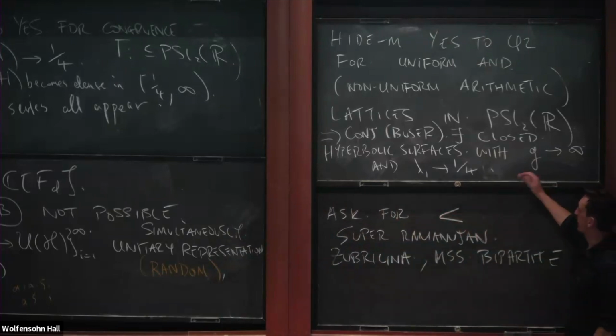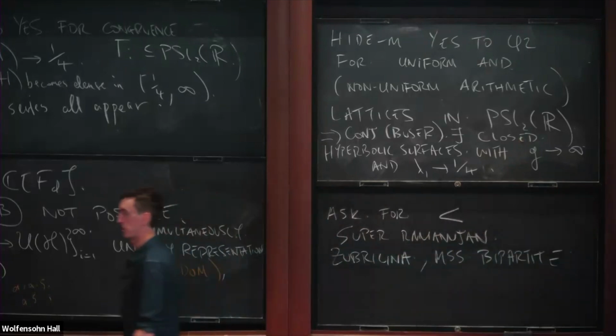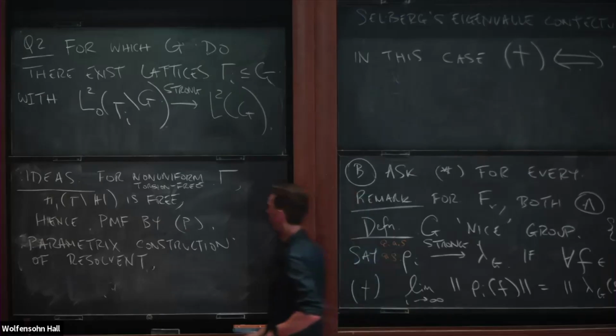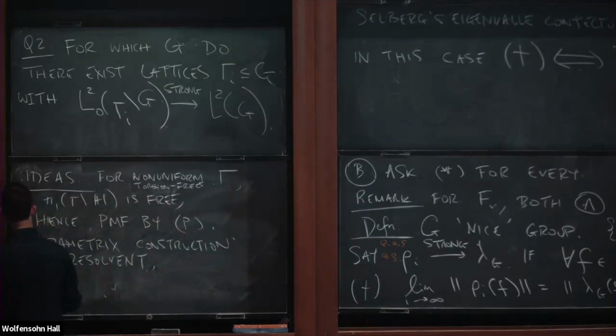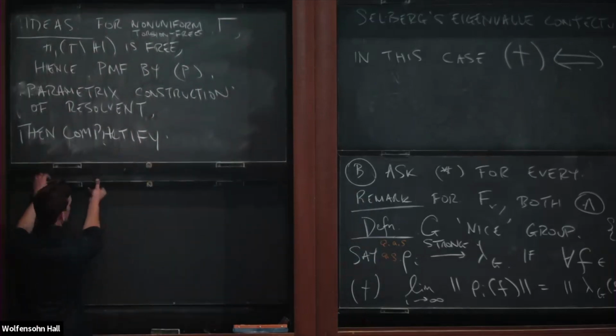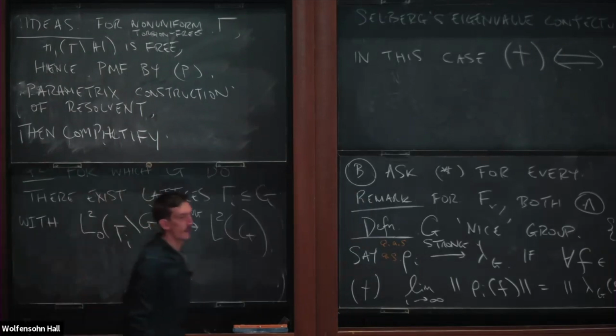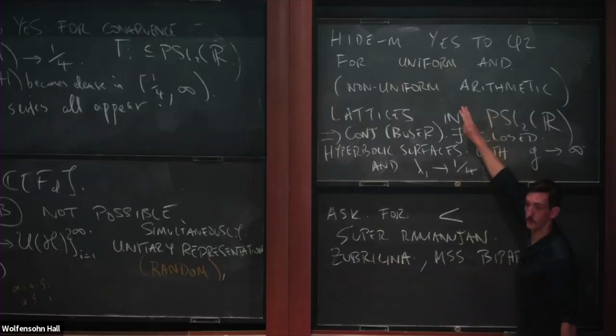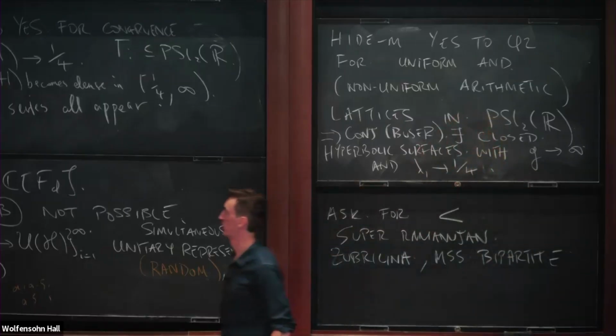And then to get to this conjecture of Buser, to get closed surfaces, we run some compactification procedure. This compactification destroys arithmeticity, which is why for non-uniform we can put arithmeticity and for uniform we can't.